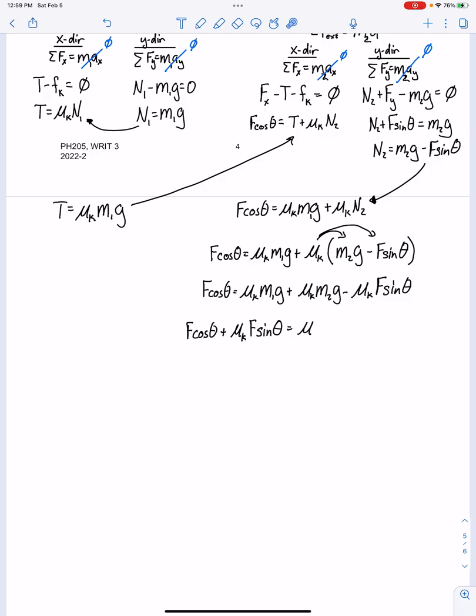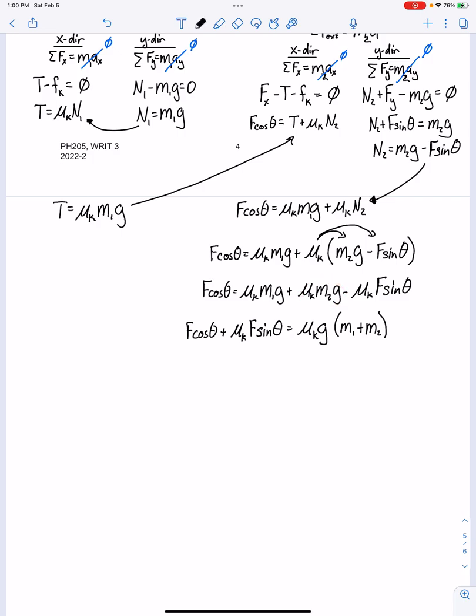And I'm going to simplify these terms. Both of them have a mu k, both of them have a g. So I'm going to make that mu k times g multiplied by m1 plus m2. And you'll notice this is the same thing: if you distribute the mu k g through, I get mu k g times m1 and mu k g times m2, which is this one, mu k m2g.